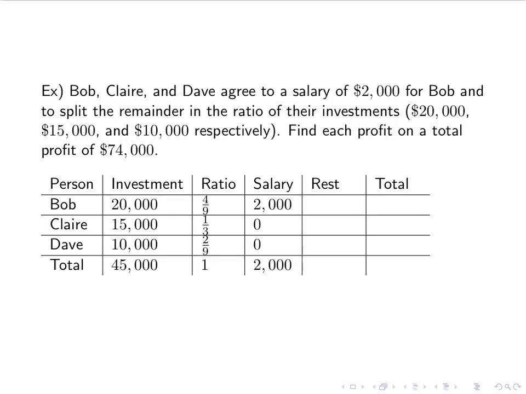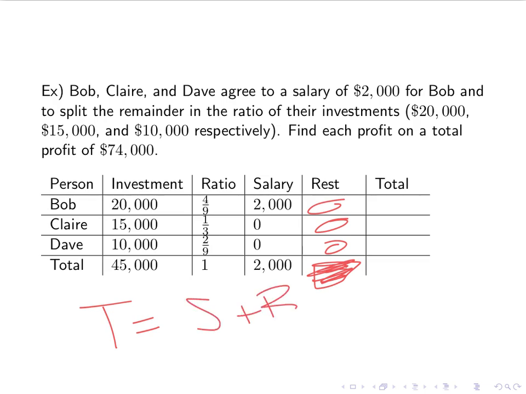So in order to figure out what goes here, I need to find what is left over. What's the remainder? What's the rest? So remember, the total equals the salary plus the rest. The total better be 74,000.